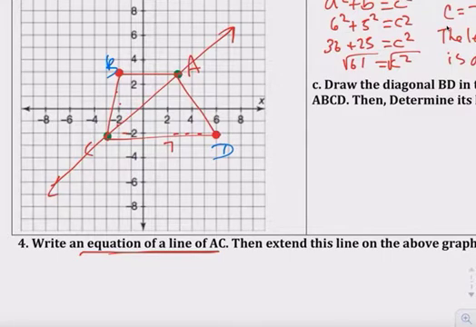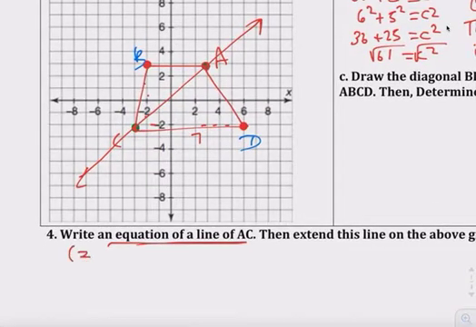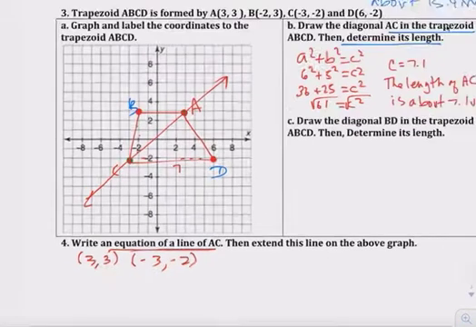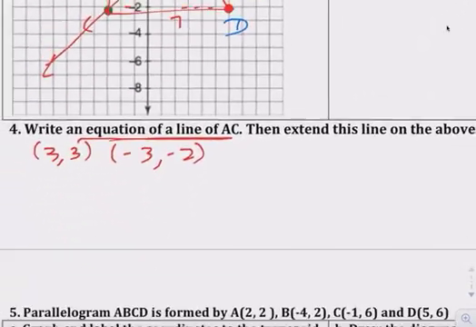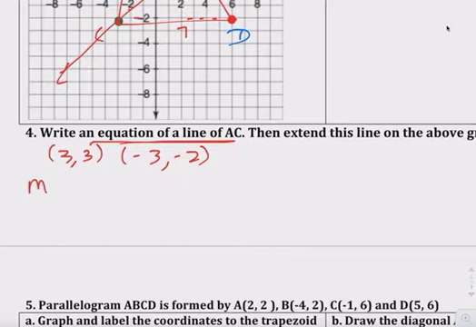So you have 2 points, the green one. A is 3, 3, and C is -3, -2. And you do m equals y2 minus y1 over x2 minus x1.